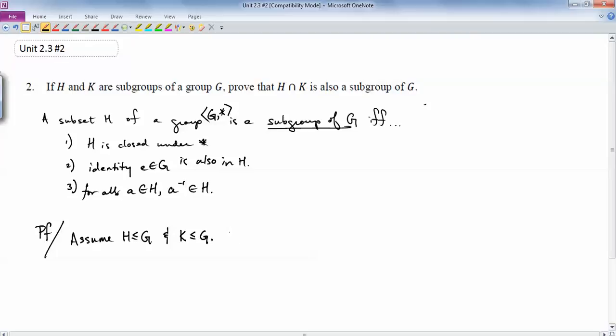Okay, so let's write that out. Want to show H intersect K is also a subgroup of G. Okay, so first, check if H intersect K is closed.